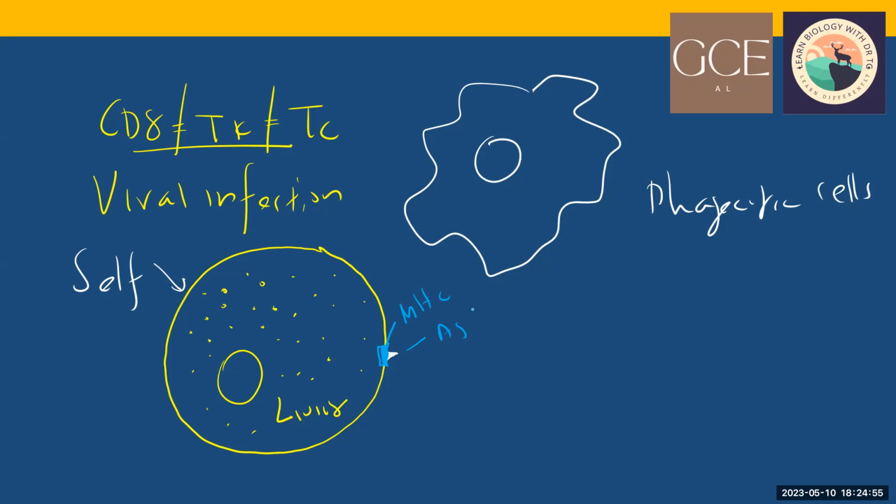Now, in this case, the T killer cells, cytotoxic T cells, are specifically armed to identify this combination. Now, the cytotoxic T cell can recognize this antigen because this is an activated cytotoxic T cell.